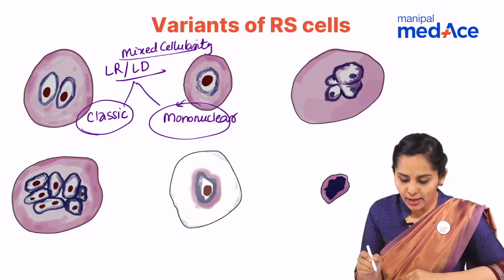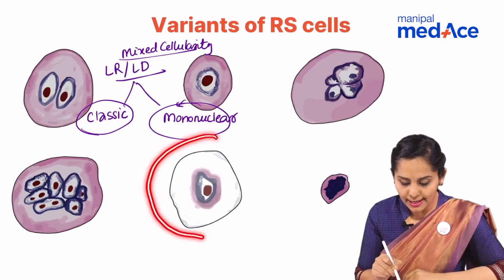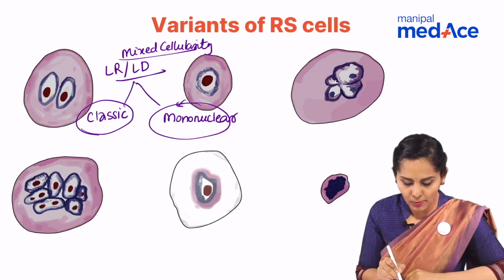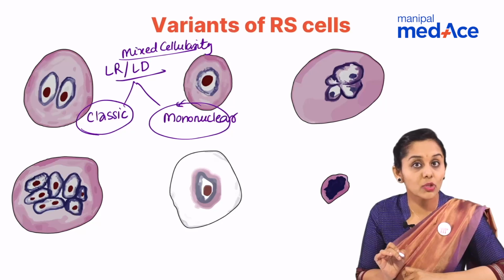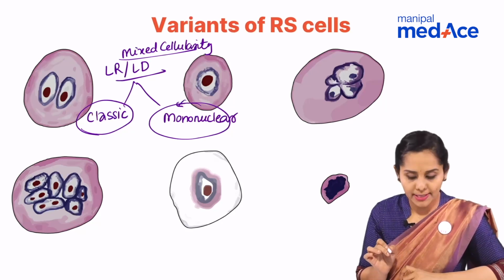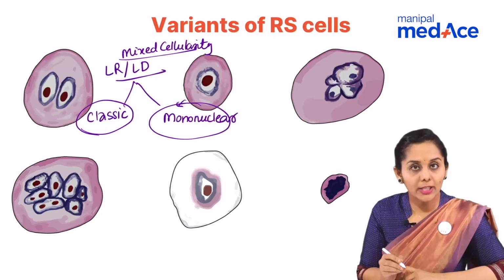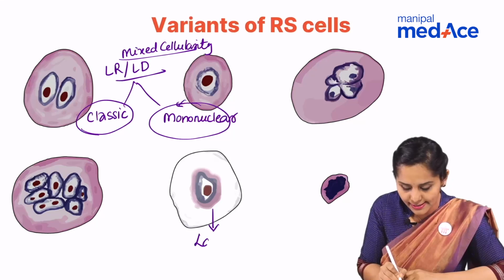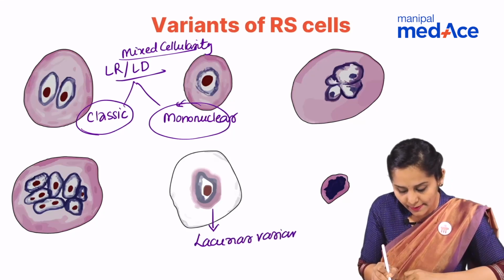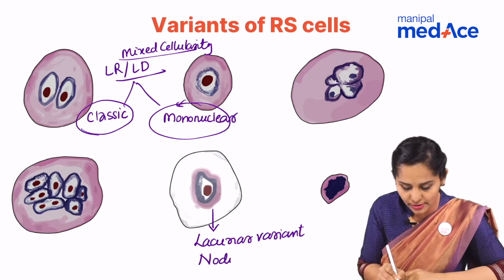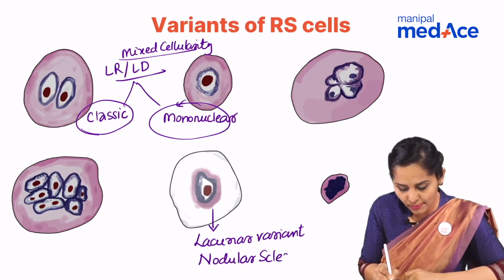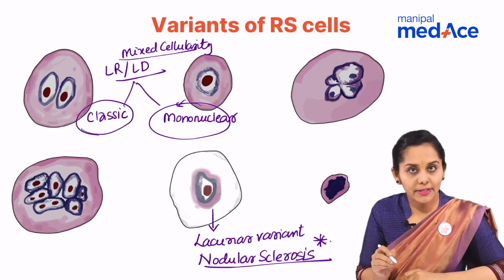Now moving on to the other variant, this is a lacunar variant. You can see that there is a prominent nucleus and then you have an empty space. It appears as though the nucleus is sitting in an empty space. These are nothing but lacunar variant of RS cells and they are characteristically associated with nodular sclerosis type of Hodgkin lymphoma. Remember this.